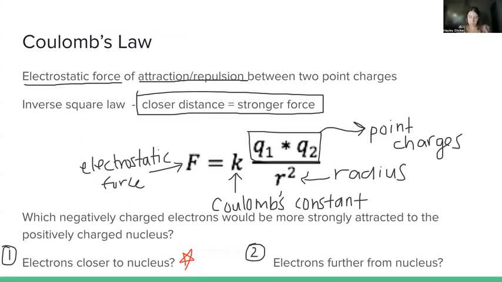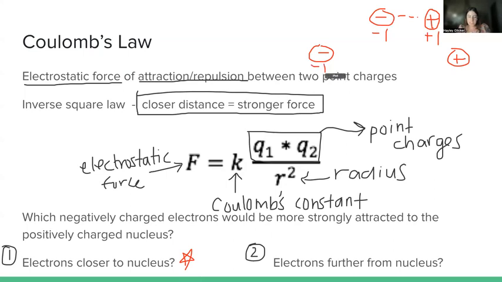So if we think about this, if this positive charge here is my nucleus, and we have a negative charge to the left, this is a -1 charge and a +1 charge. There's some sort of attractive force here. If we move those further away from each other, like magnets, the further apart you pull magnets, they're not going to feel as attracted to each other because the distance is so far.